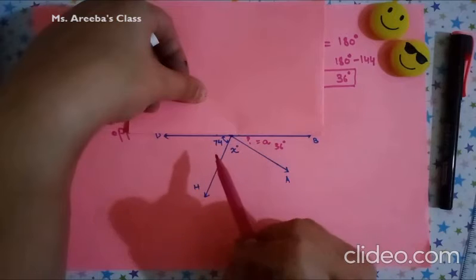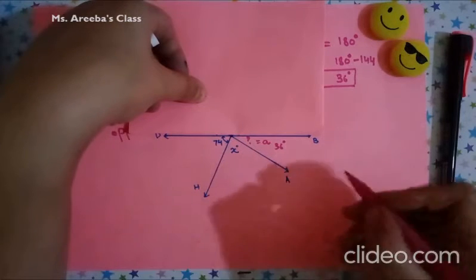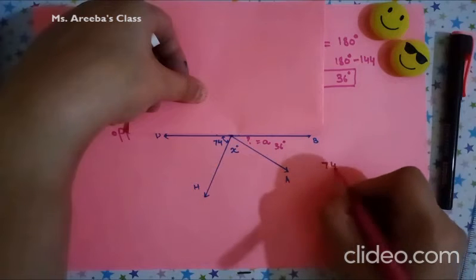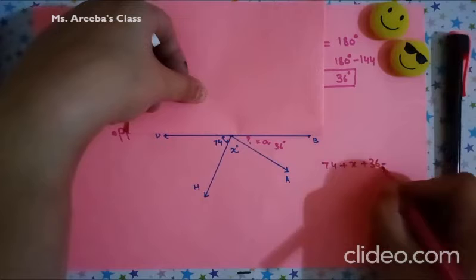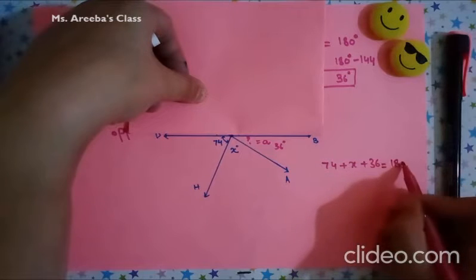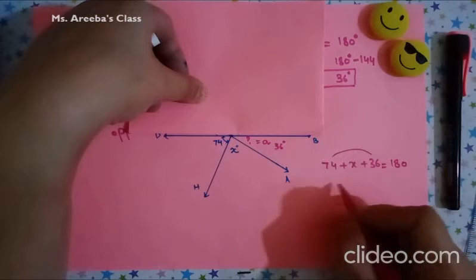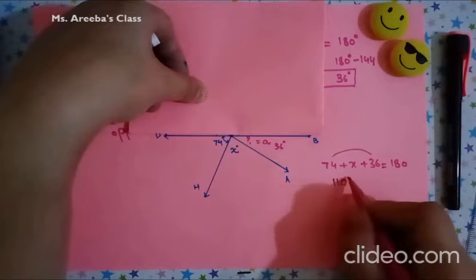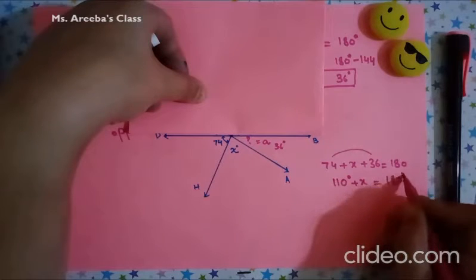Two of the angles are known, only one angle is unknown, so we can do it with that. So 74 plus x plus 36 degrees is equal to 180 degrees. When I add these two terms, this is equal to 110 degrees plus x is equal to 180 degrees.